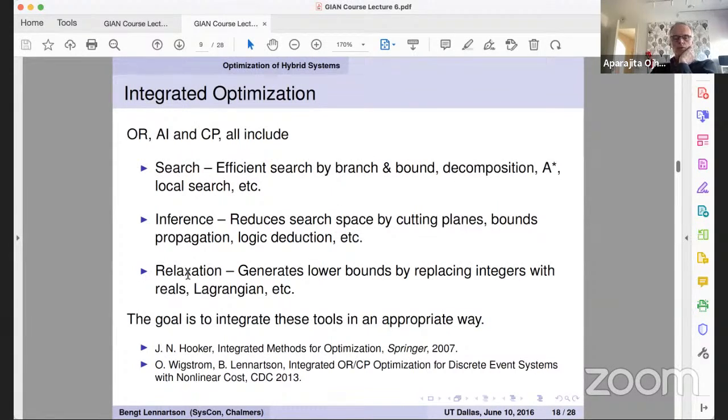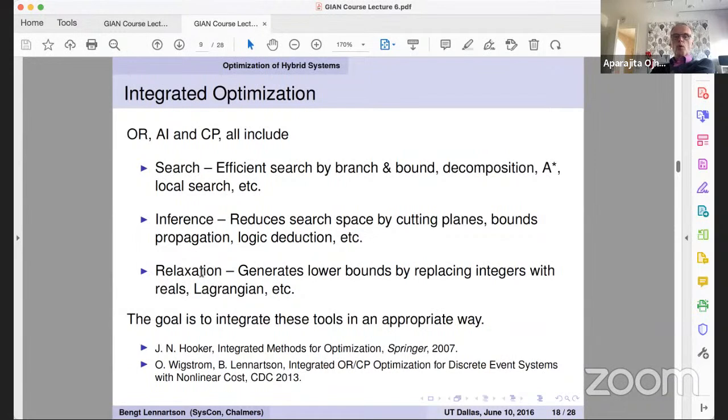And then we also have relaxation, which is of course a very important part. The most classical one is that the integer variables, which we have in our problem formulation, are then in classical OR replaced by reals. And Lagrangian formulation is also another example of relaxations.